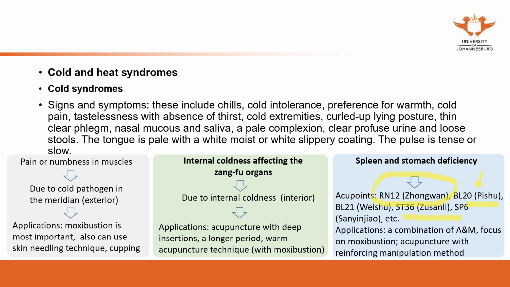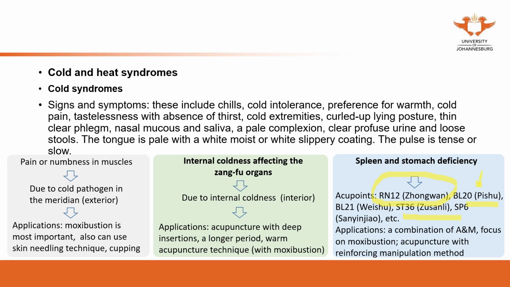It is very important that you have some theories to support your treatments. For example, in this situation, you won't choose Bladder 12 because Bladder 12 focuses more on the lung. You use Bladder 20.